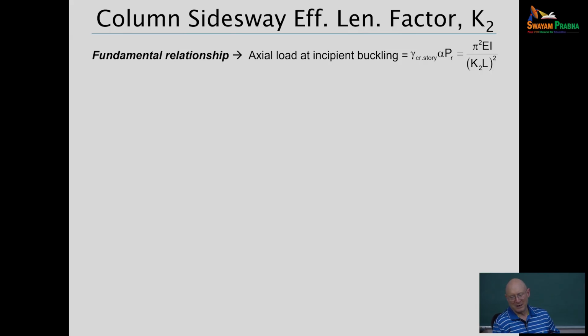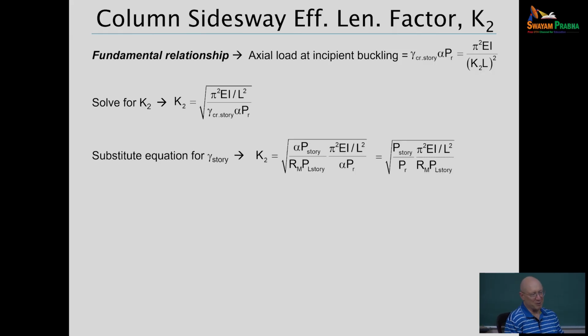Gamma critical story times alpha PR, that's your load in the column at buckling. Let's equate that to pi squared EI divided by K2 L squared. I left off the star here because when we talk about effective length, that's usually the effective length method. Solve for K2. Any tool that you use, that's what you're doing. It may just work differently than that.